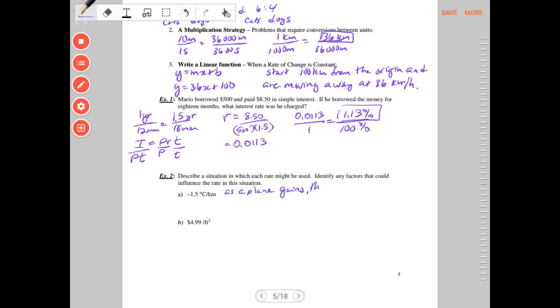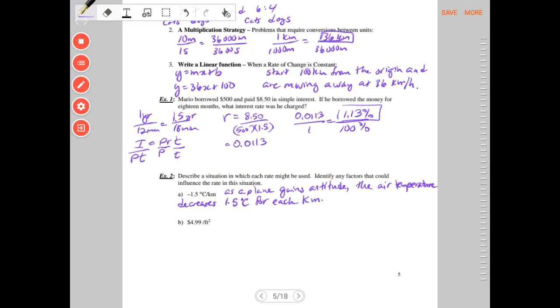So the air, I should say, as altitude is gained, the air temperature decreases 1.5 degrees Celsius for each kilometer.